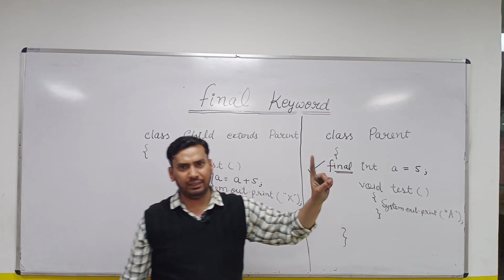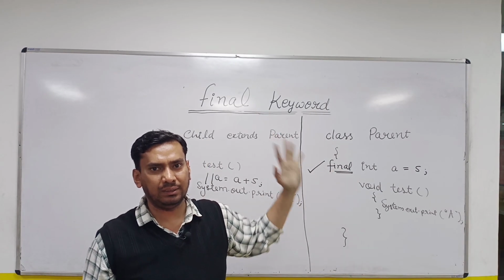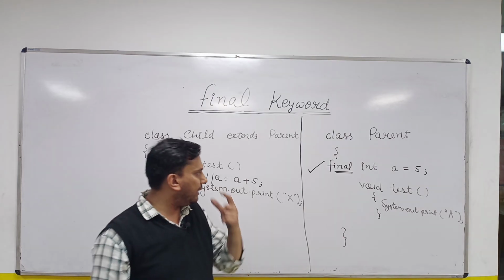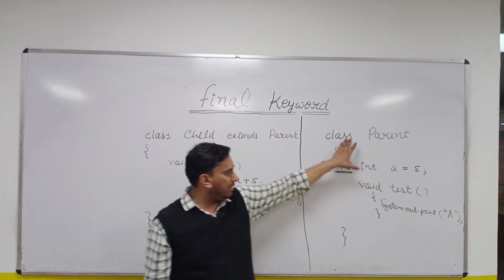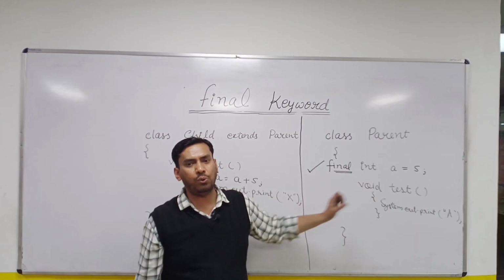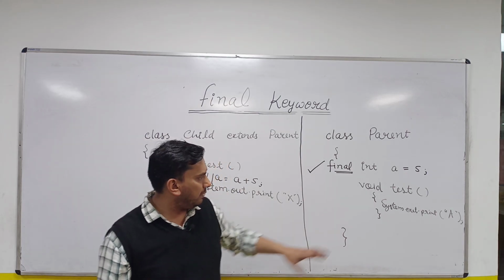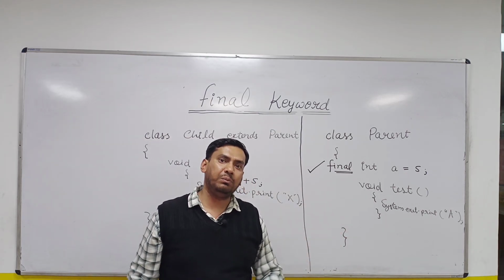The first use of the final keyword is to declare constants. Second thing: I have declared some method and I feel that this method should not be overridden by the subclasses. Whatever method I have implemented should not be changed.